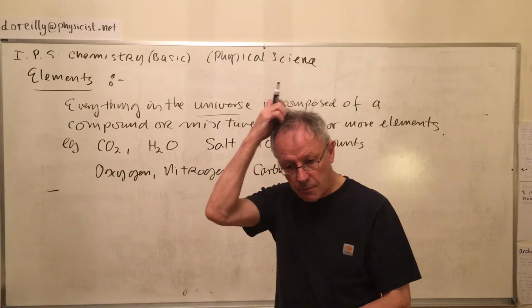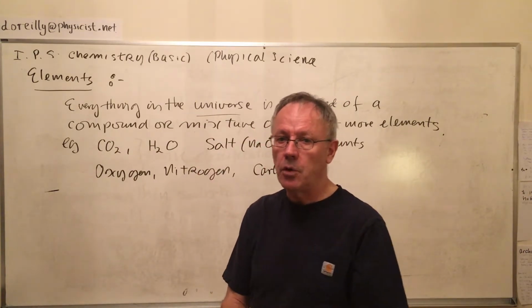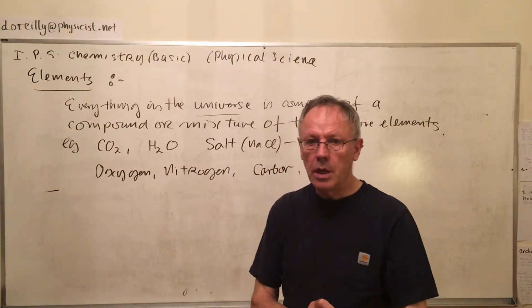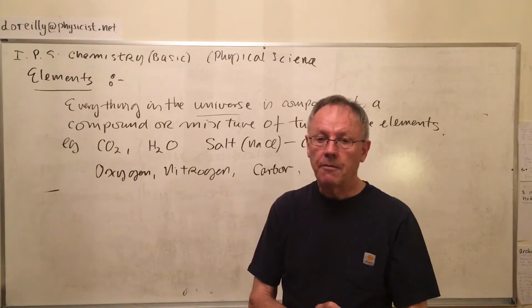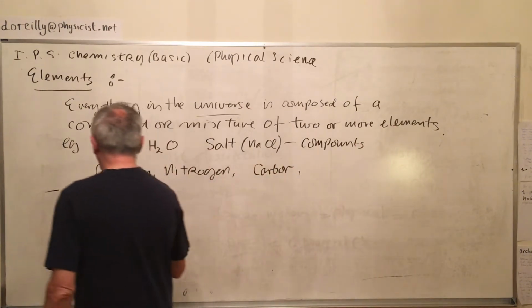Now to confuse kids, if you open your textbook, you'll probably see it going up to 103 and 104, ending with Lawrencium sometimes, or even more. But those elements do not exist in nature. The first and the lightest known element in nature is hydrogen.